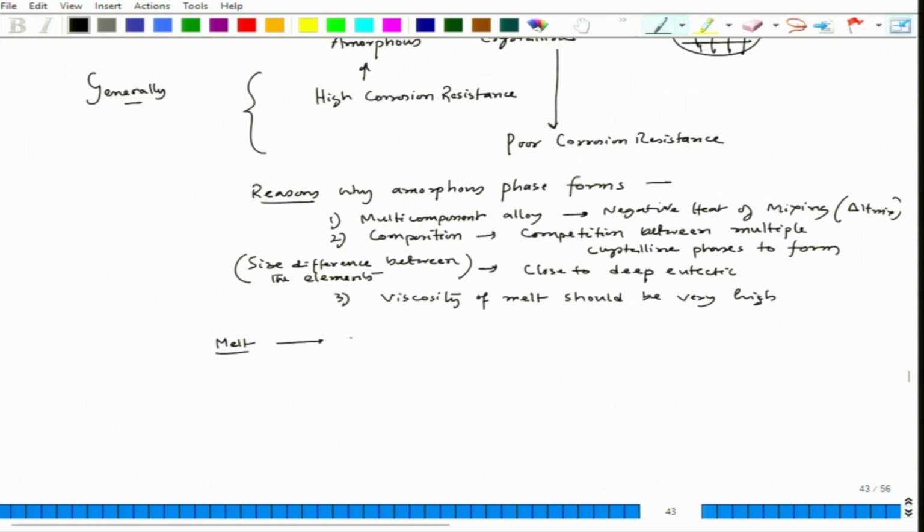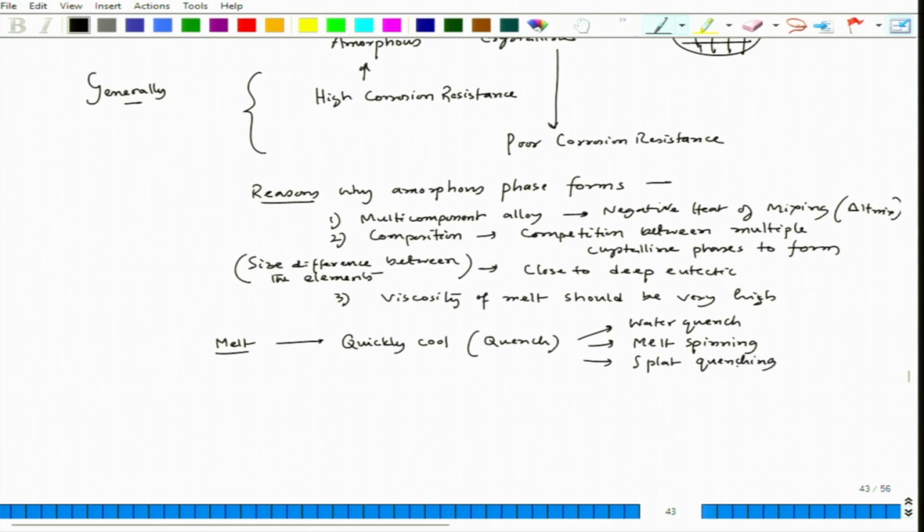So what happens, you melt it, then quickly cool it. We call it quench, and there are quenching methods like water quench, melt spinning, and splat quenching. Those are the methods.